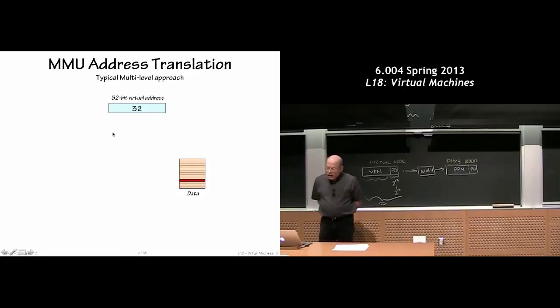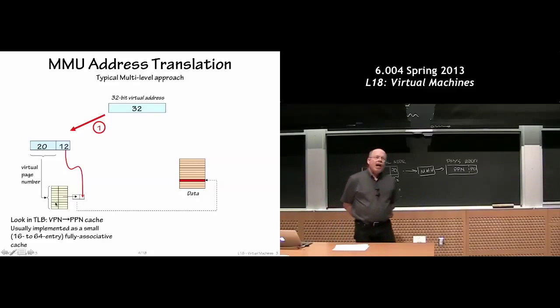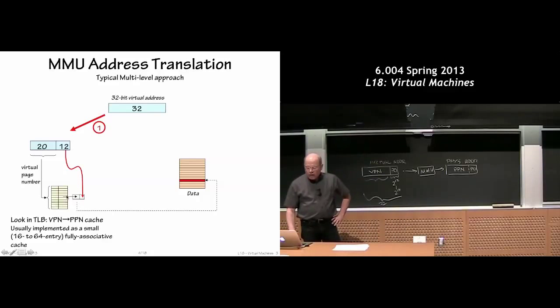So our translation mechanism really is a three-step process. The first stage, in order to get reasonably high speed, is to take the virtual page number and look it up in a small cache, a so-called translation look-aside buffer, to see if we have the VPN to PPN translation cached. Because the tables get pretty large, and we don't want to put them all in fast RAM, we use a very fast little memory.